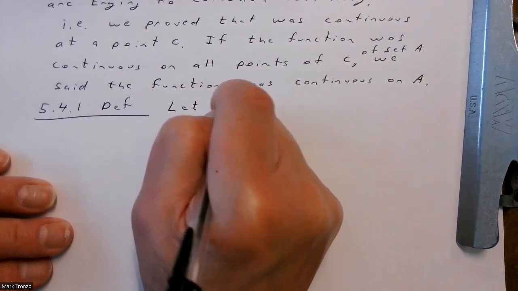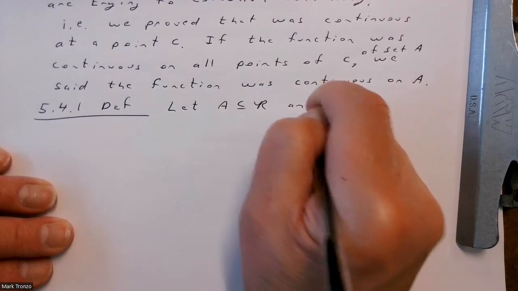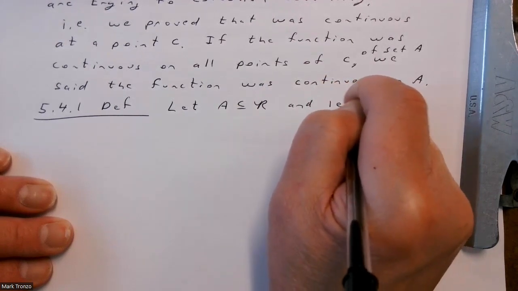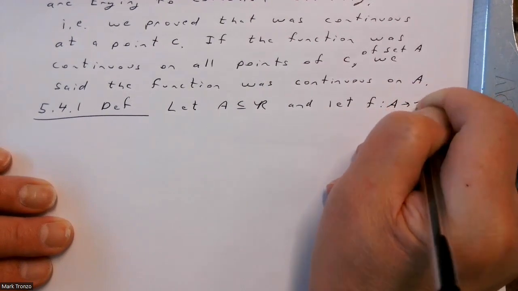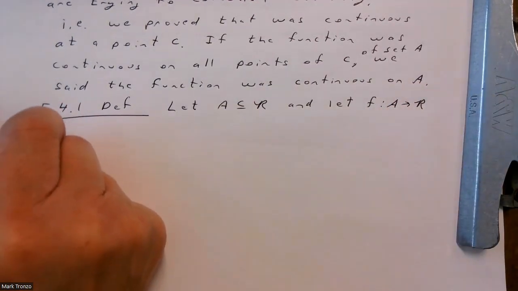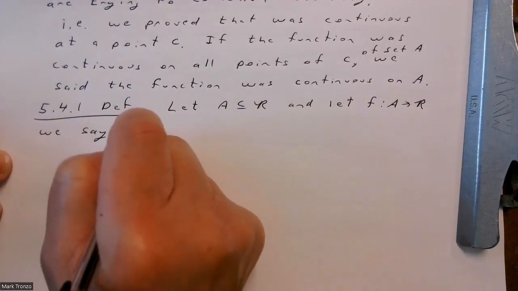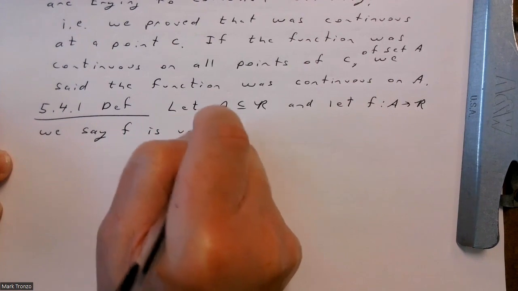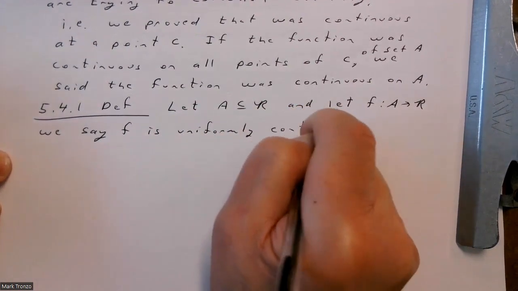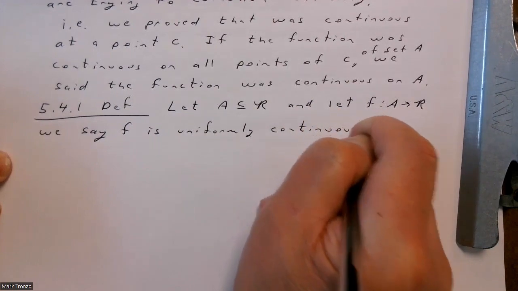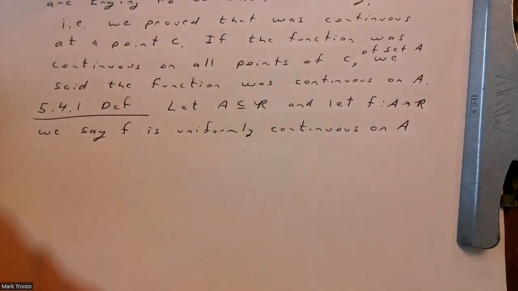Let A be a subset of real numbers, and let f be A to R. We say f is uniformly continuous on A. Now, again, we're talking about the whole set.